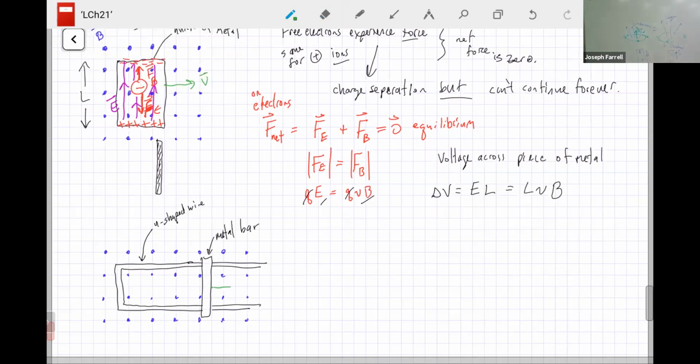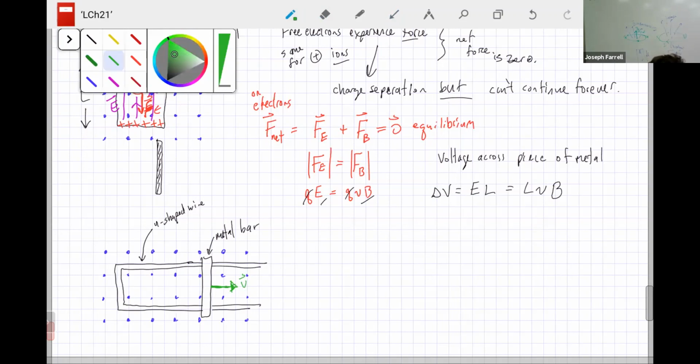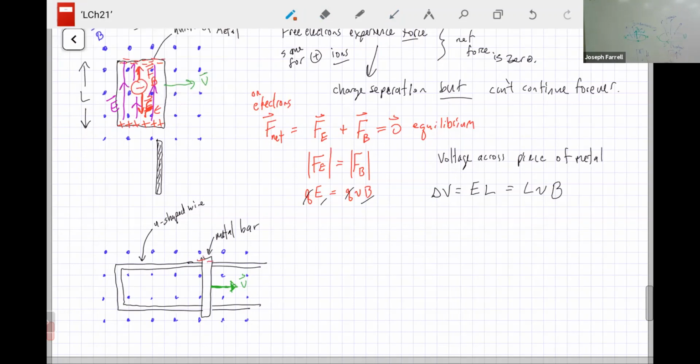We've already figured out if you have a metal bar that's moving in a magnetic field, you're going to get an EMF. So what we're basically getting is negative charges on one side, positive charges on the other, and we're going to call that a distance L here. You've got an EMF. We figured out LVB, that's the EMF.